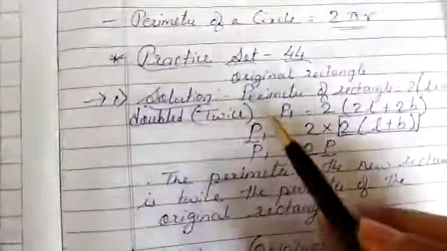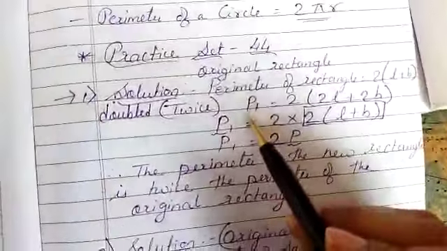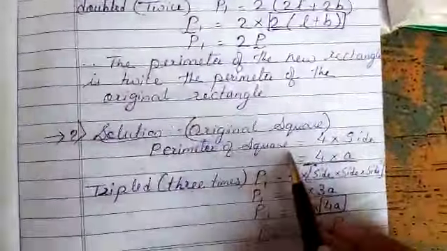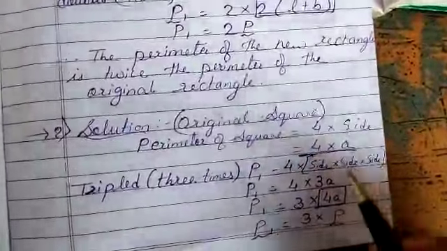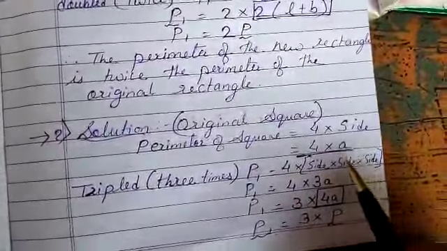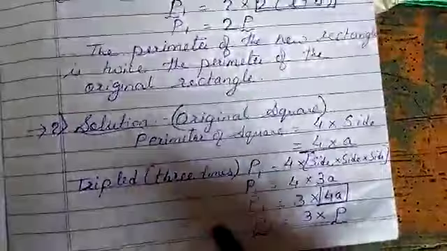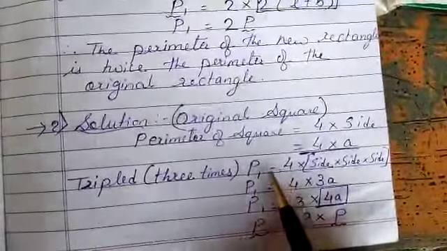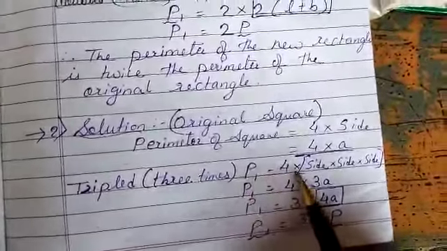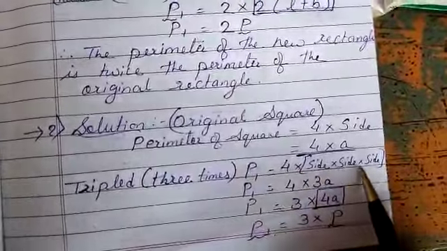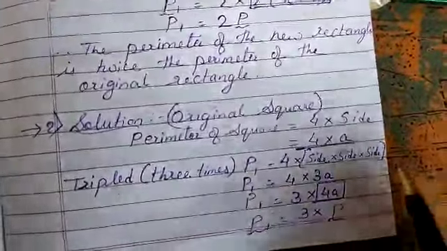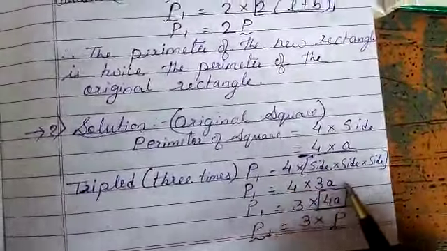So let's see the solution. Original formula, perimeter of square is 4 multiplied by side, or 4a. When you triple this side, it will become P1, so 4 multiplied by 3a.